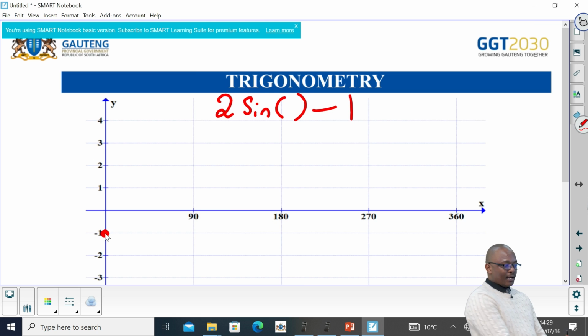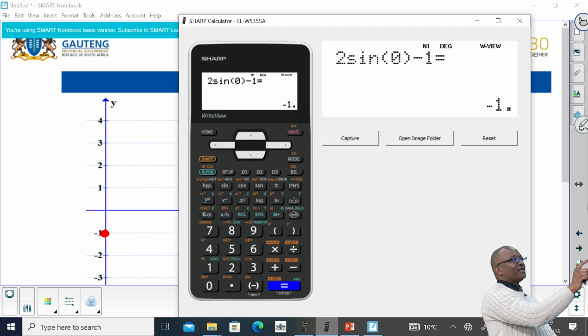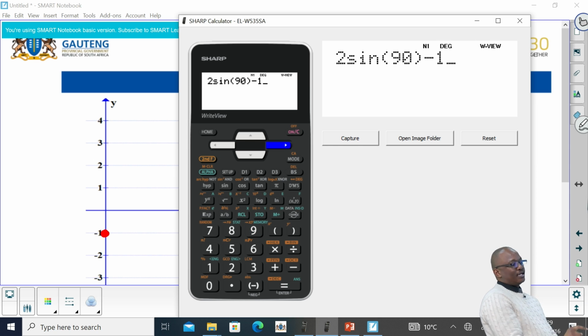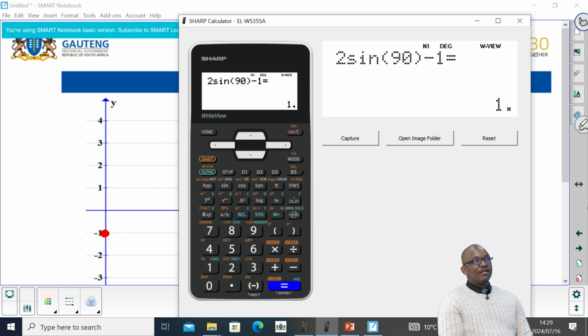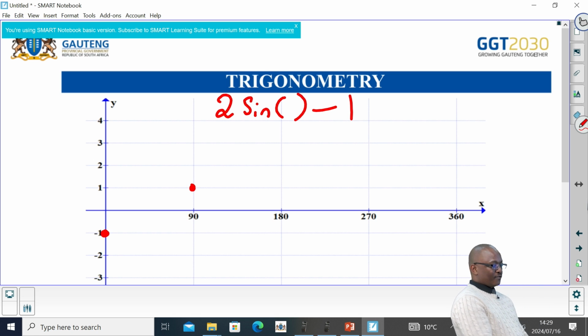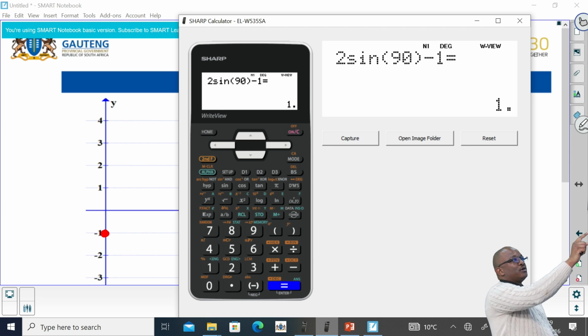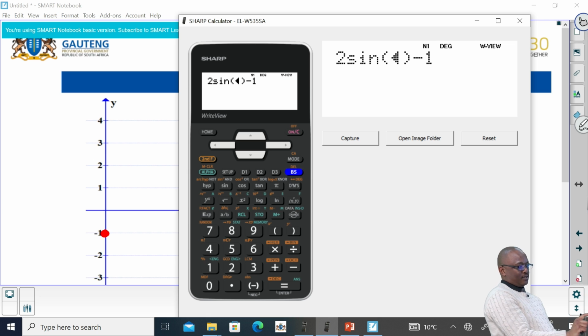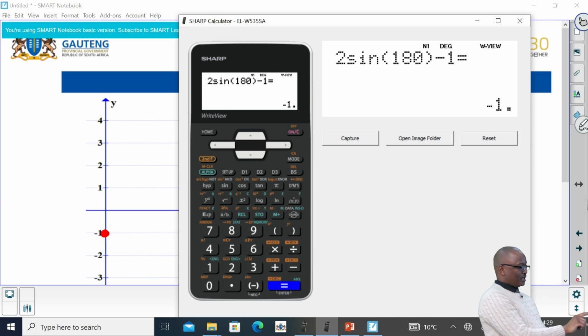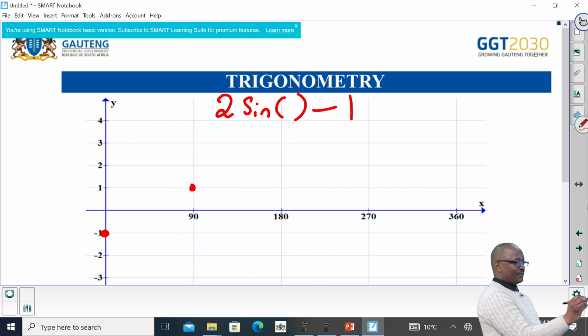Correct. Then you go inside the bracket and substitute 90. If you say equal sign, then you get 1. So 90 and 1. Then you punch your 180, and you get negative 1 again.